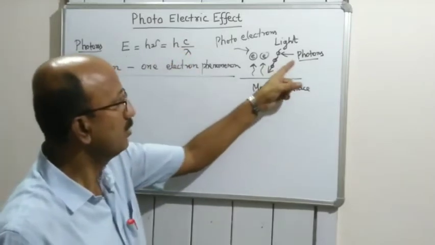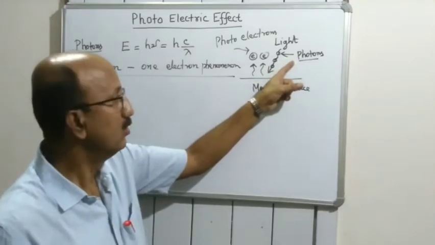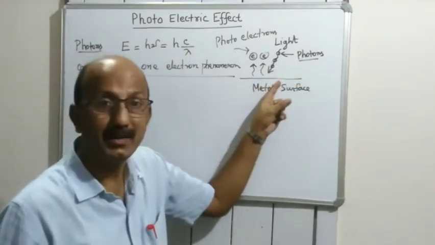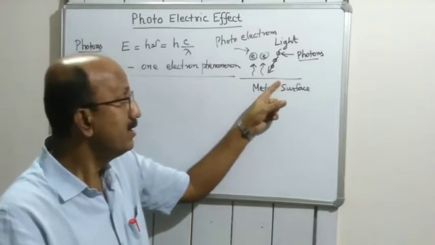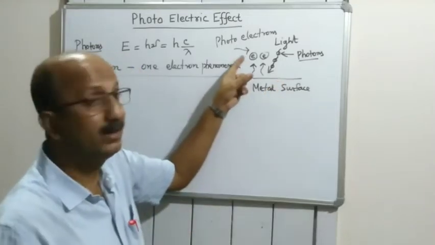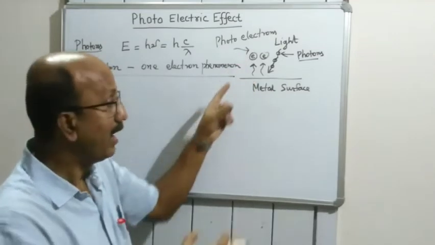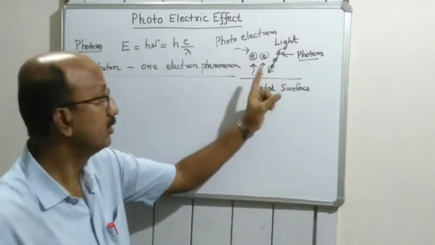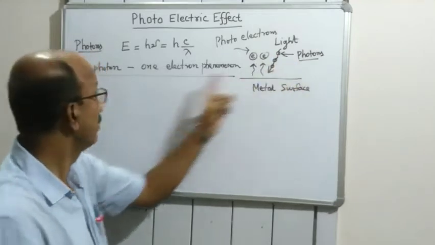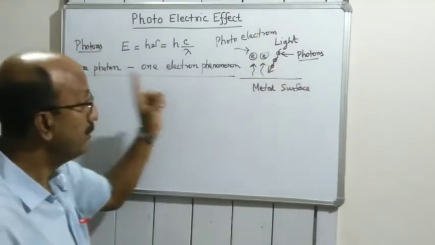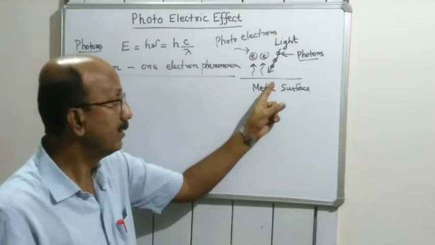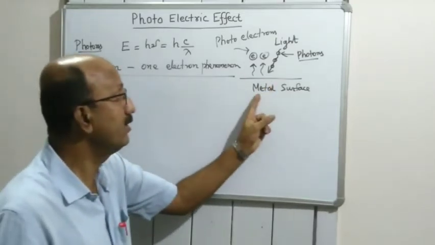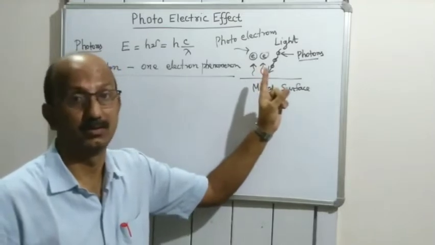Now this photon has certain energy, and that energy is quickly absorbed by this metal plate, and this metal plate in return emits one electron. And the mechanism is that if this metal surface absorbs the energy of one photon, I repeat, then this metal surface will give you only one electron.